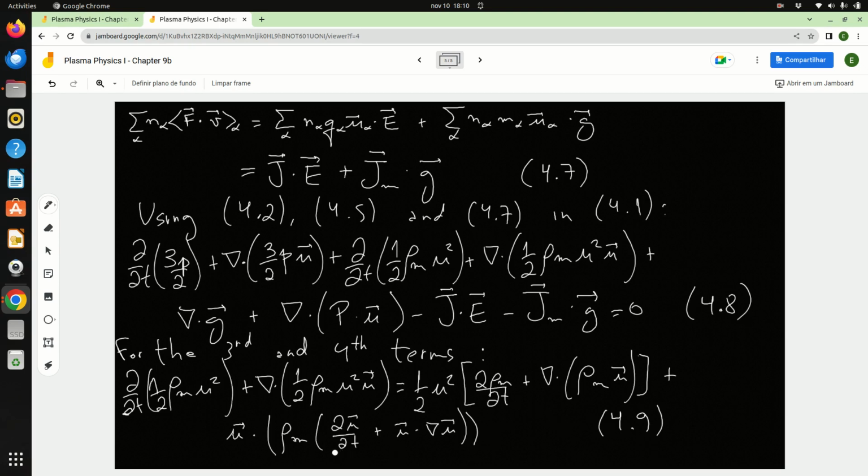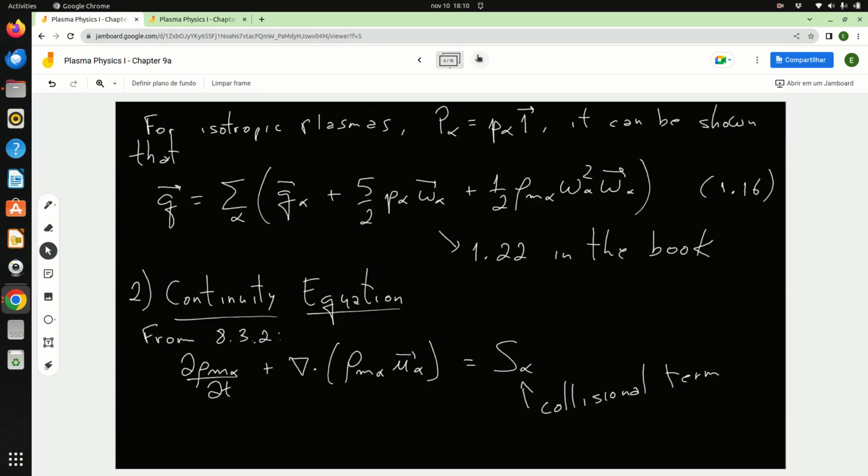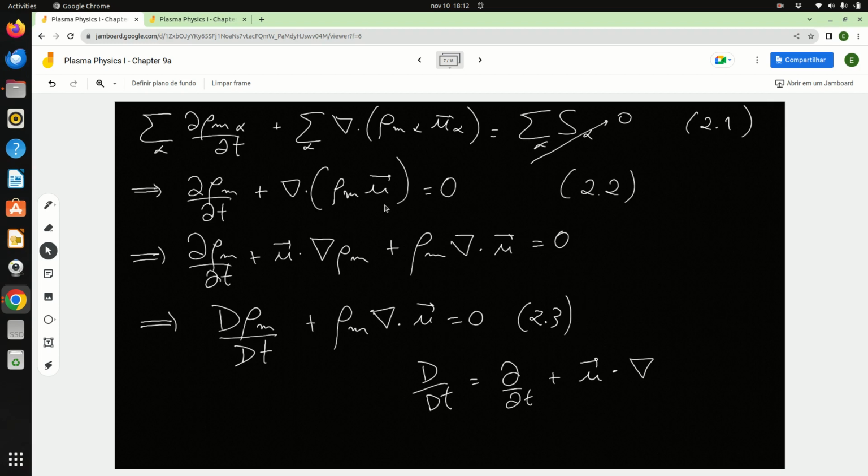Now, we have already seen that this is actually Du Dt, right? With capital D. We have defined this material derivative like this. Then we can use 2.2. Let me see if I find 2.2. Okay, in 2.2 we have the continuity equation, right? The continuity equation says that this quantity is equal to 0.